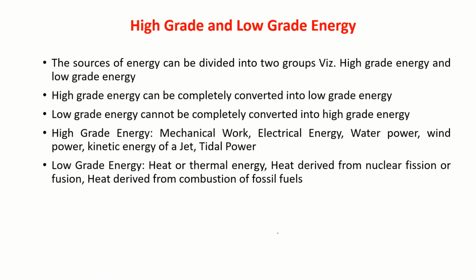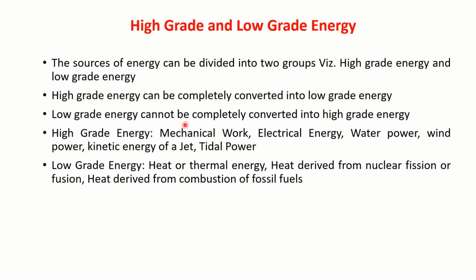Once you understand this, studying the performance of energy conversion systems becomes very, very simple. So there is high grade and low grade energy I'm talking about now, the sources of energy. Already I told you electrical energy and work can all be converted into low grade energy. But all heat cannot be converted into high grade energy.